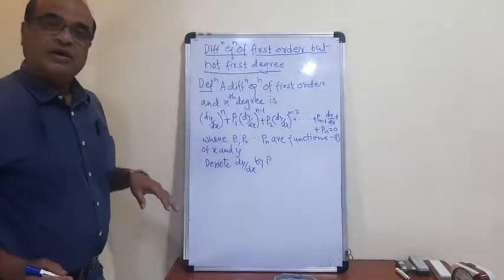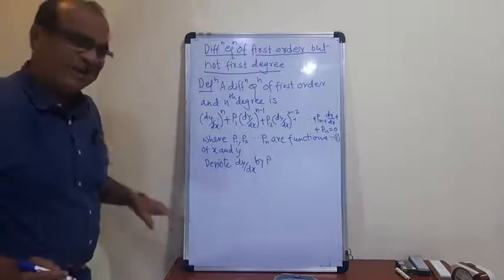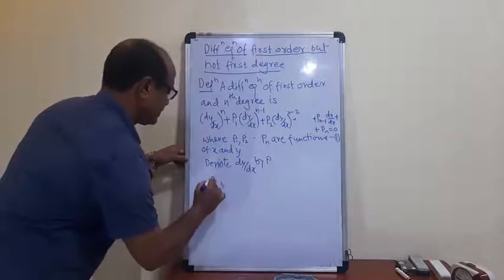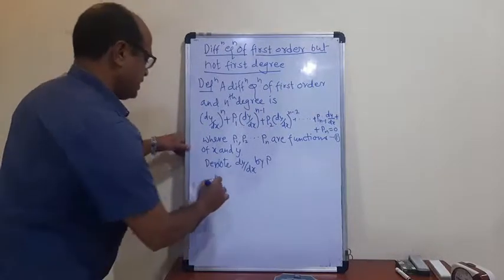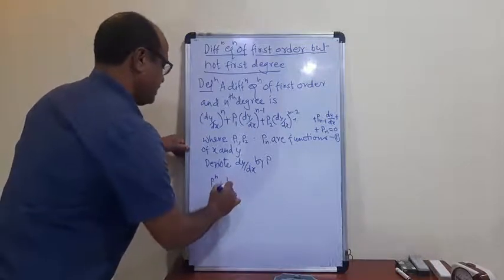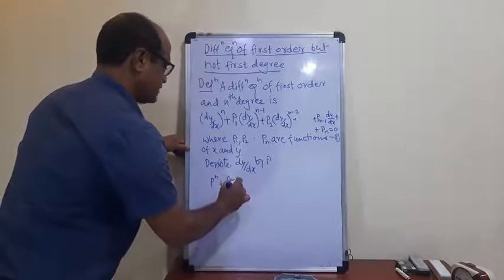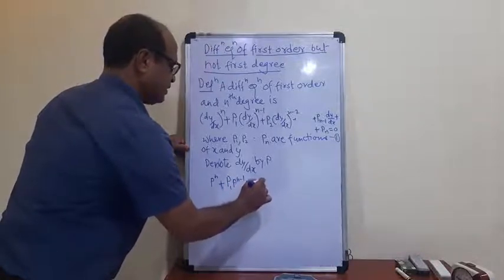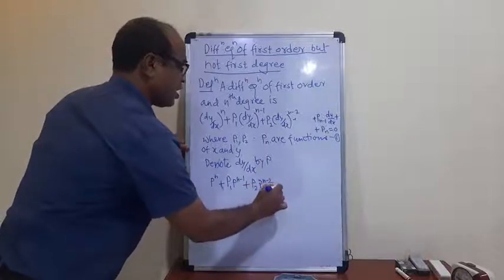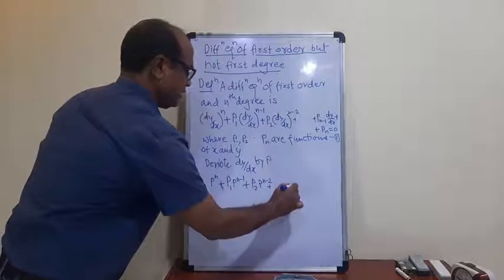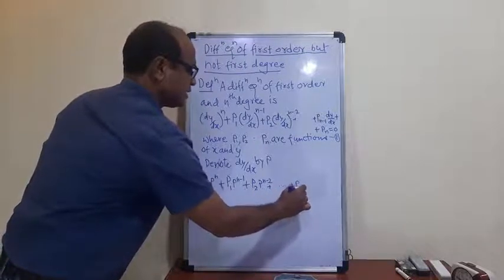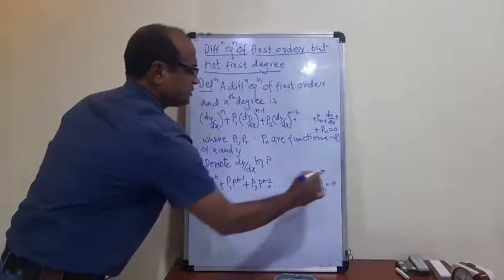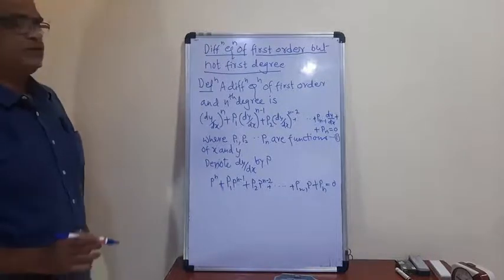This equation can be written as p^n + p1 p^(n-1) + p2 p^(n-2) and so on, p(n-1) p + pn = 0. Is equal to 0. Okay?